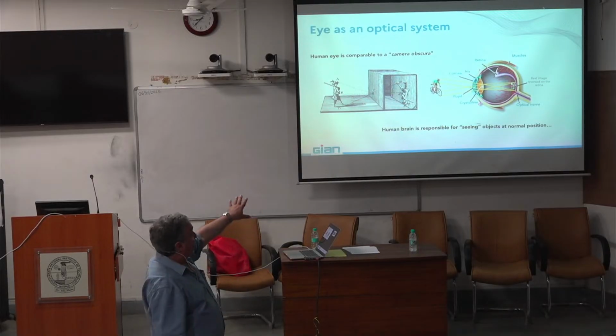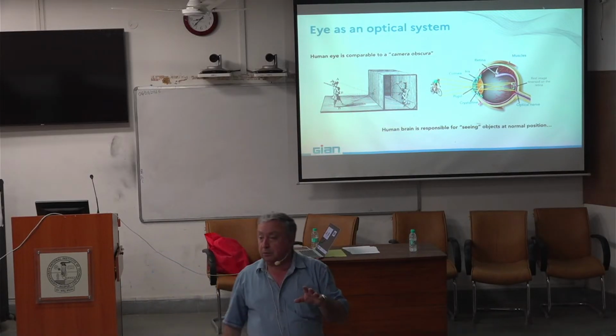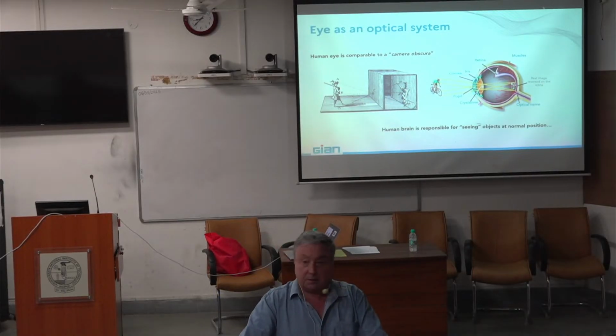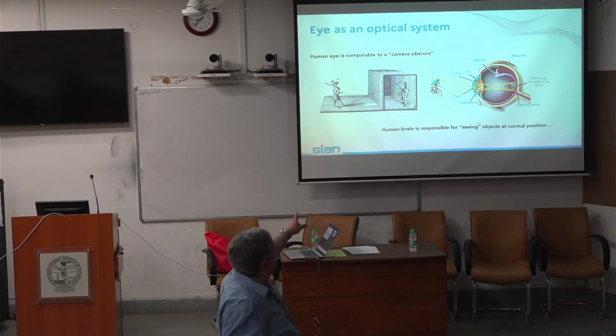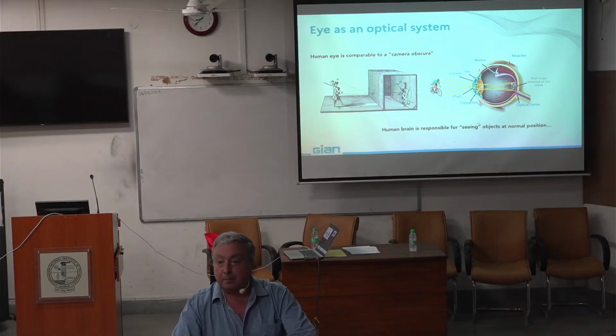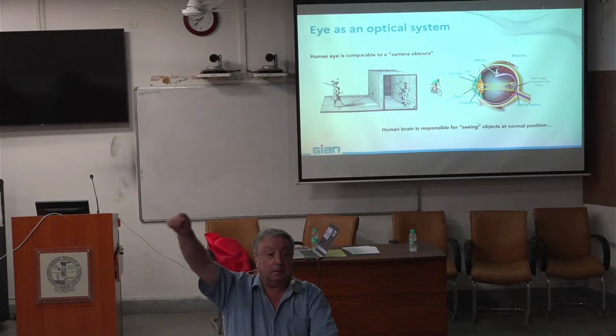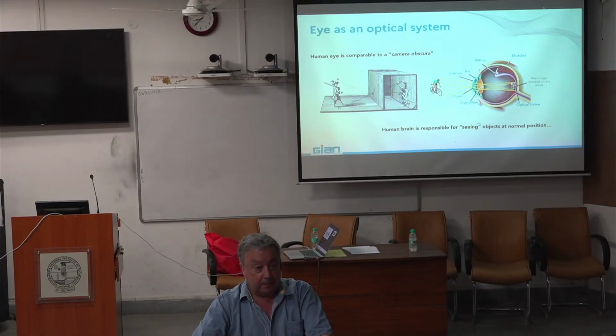Okay, that was a principle that is known since Renaissance times. We're speaking about the 15th century. And in fact that has been used by painters and artists to paint landscapes. We call that the camera obscura.